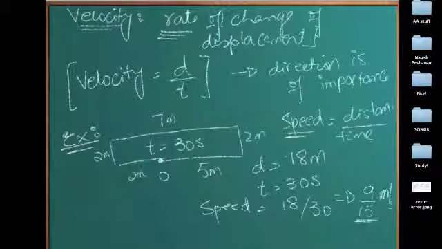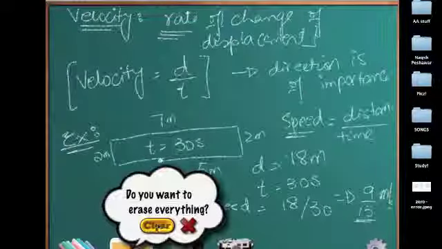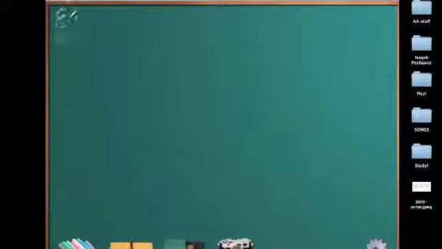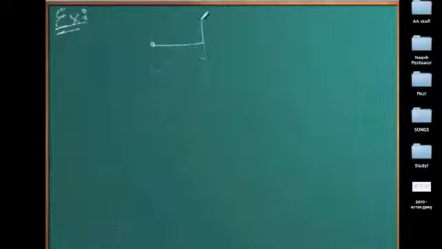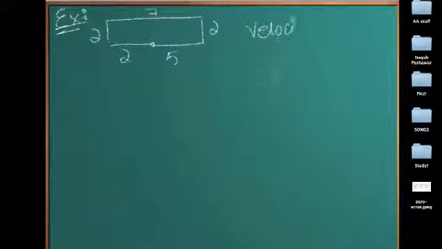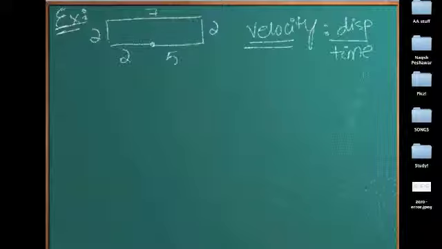But if I ask you for the same situation here, the original position, 5 meters, 2 meters, 7 meters, 2 meters, and 2 meters, the velocity. Mind you, you should always remember velocity is displacement over time.